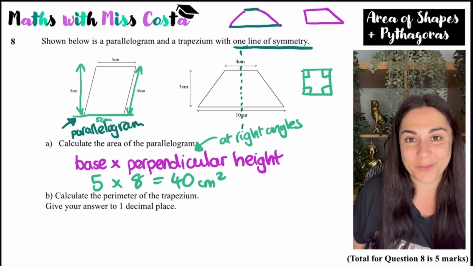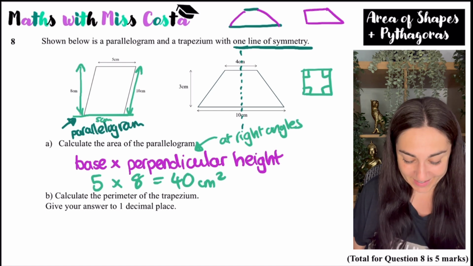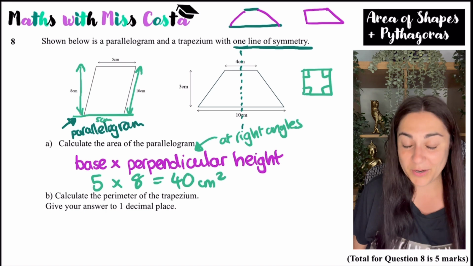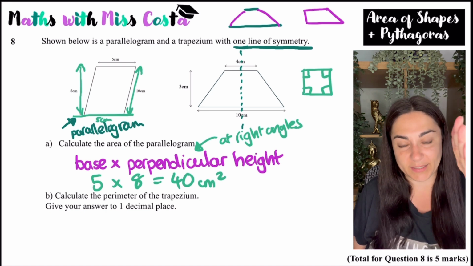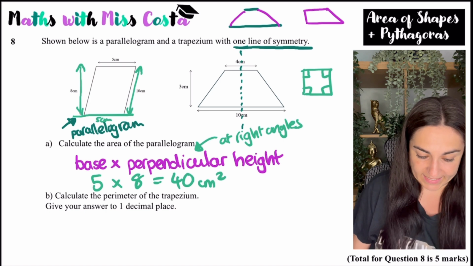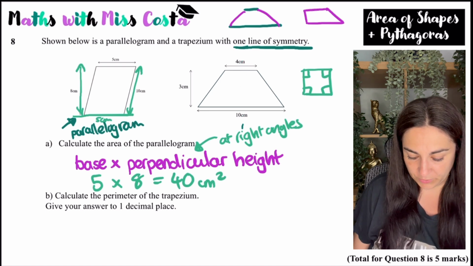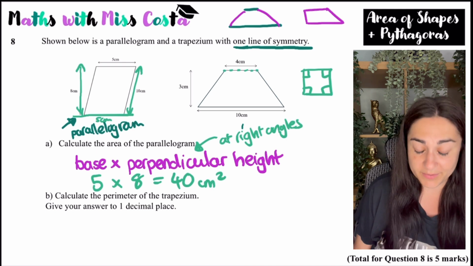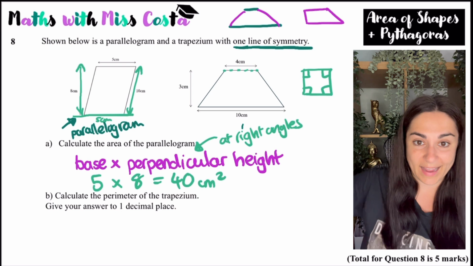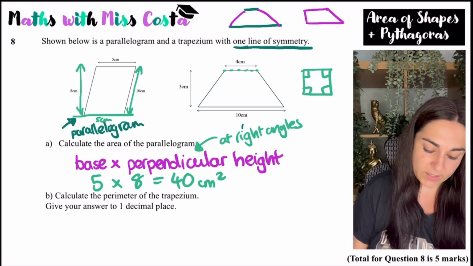The next part of the question is a little bit trickier, and it's asking me to calculate the perimeter of the trapezium. Perimeter is the distance around the outside of the shape. You can imagine that you're like a prison warden walking all the way around. You might have heard people say walk the perimeter, so walk around the outside of a building, or in this case the shape.